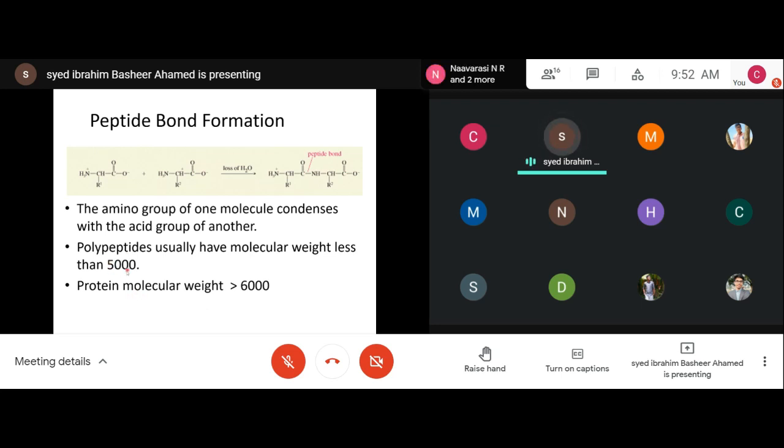Less than that, you cannot call the polypeptide a protein. It will simply be a polypeptide chain. That's all. In order to call a polypeptide a protein, you need at least 6,000 Daltons.